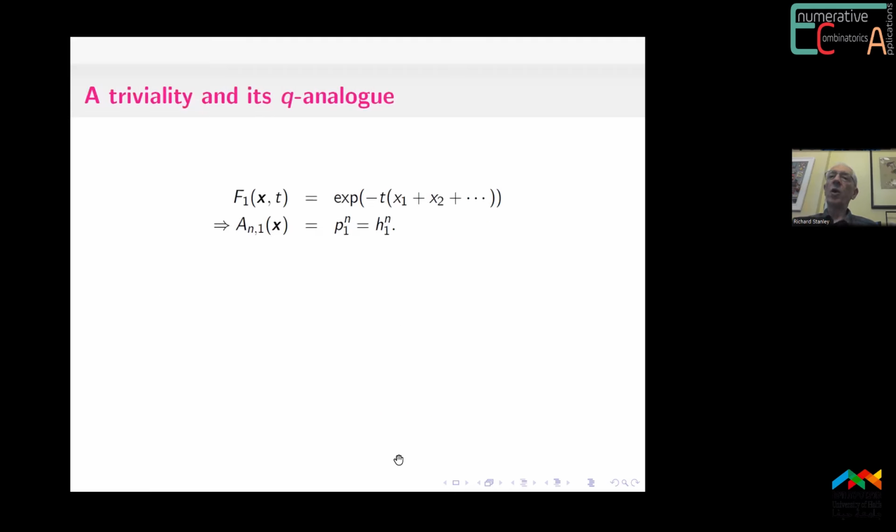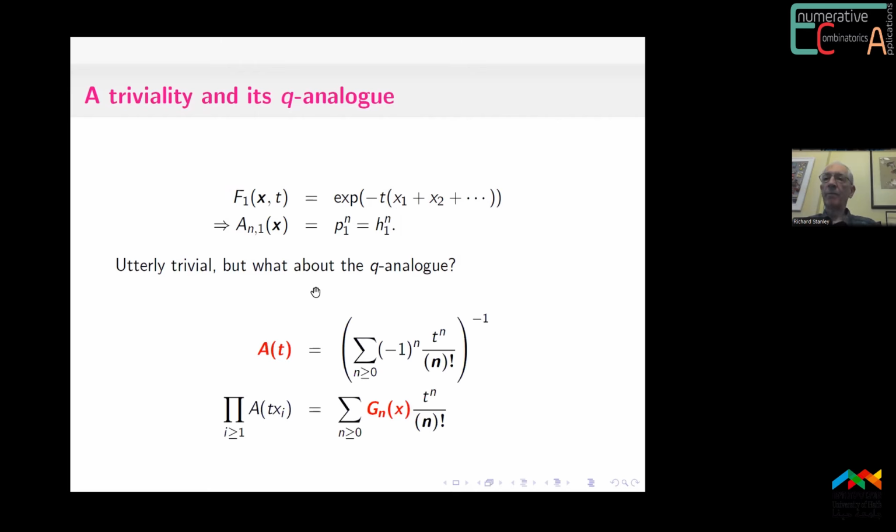So we get F_1(x,t) is the product of e^{-x_i t}, with x_1 plus x_2, etc. So for the symmetric function with d equals 1, A_{n,1}(x) is just p_1 to the n, or h_1 to the n. Right? It's the coefficient of (-1)^n t^n over n factorial when you expand this exponential. So that's utterly trivial, but the q-analog is more interesting.